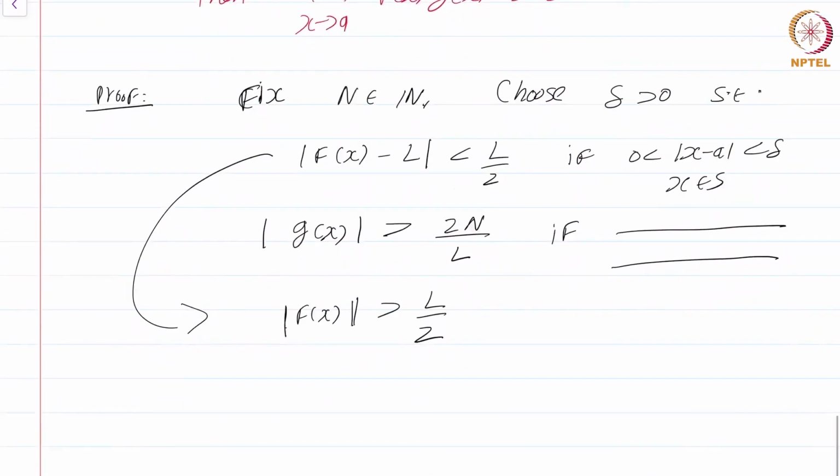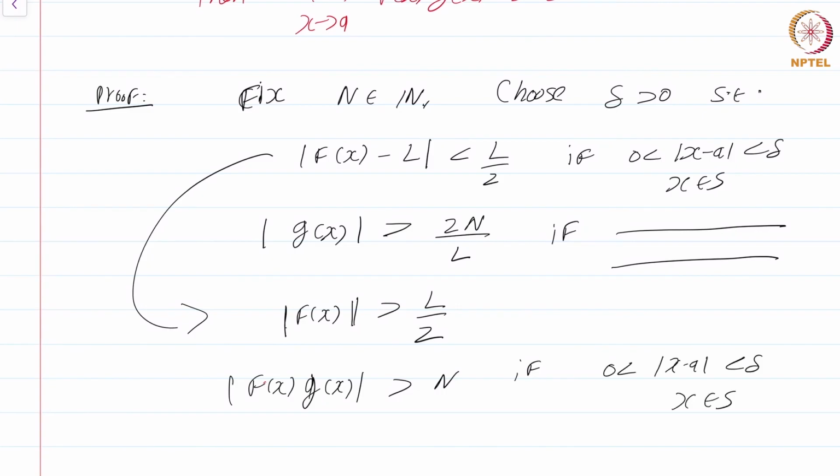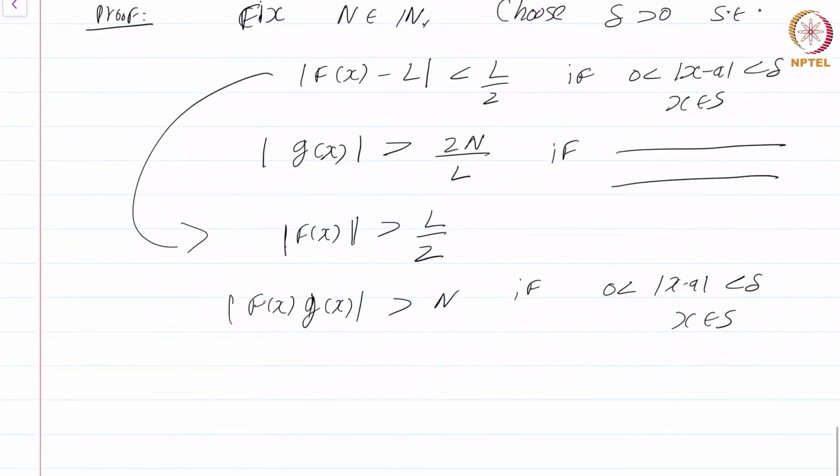So because mod f of x is greater than L by 2 and mod g of x is greater than 2n by L, mod f of x g of x is simply greater than n if 0 less than mod x minus a less than delta and x is in S. Okay, this is an immediate consequence, hence proved.